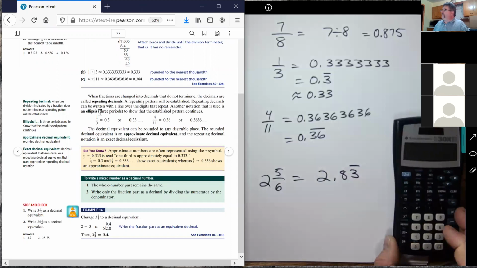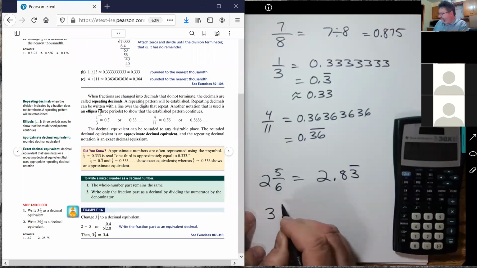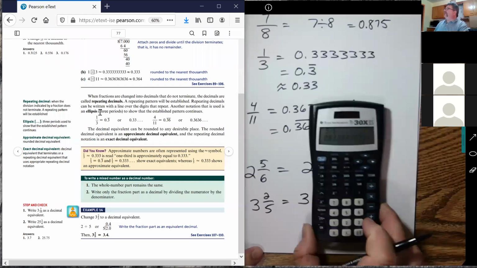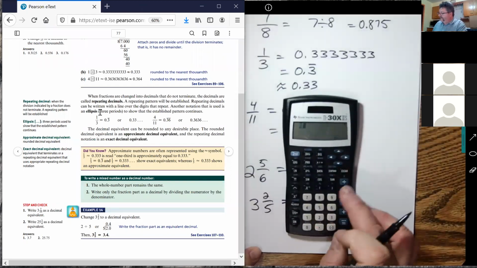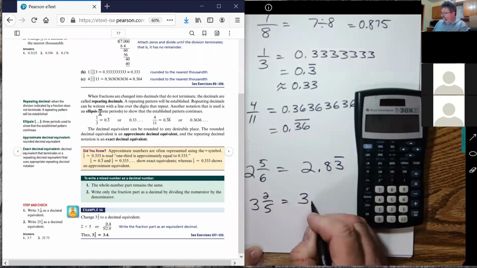The 2 just comes along because it's the whole number. Example 14 at the bottom says let's take 3 and 2/5. The 3 is still going to be there. We just need to take 2 over 5, which is 0.4, so 3.4.